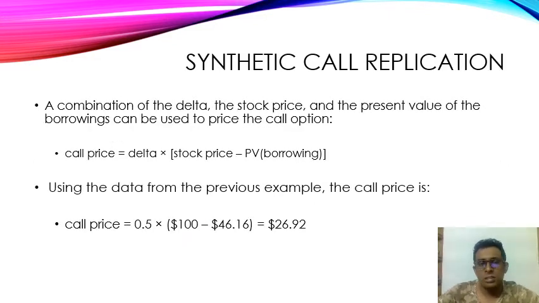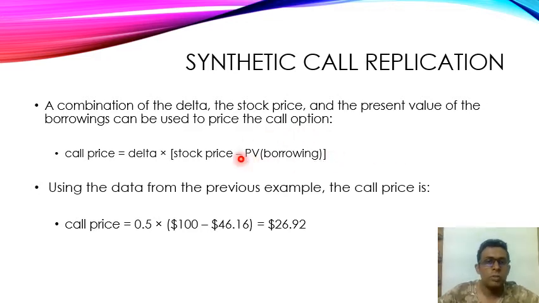Synthetic call replication is only a model of pricing of bonds. The call price is calculated by the formula: delta into stock price minus PV of borrowing. Here the PV of borrowing is nothing but the value of this portfolio that we hold, in the sense the call option and the hedged stock which is short sold.